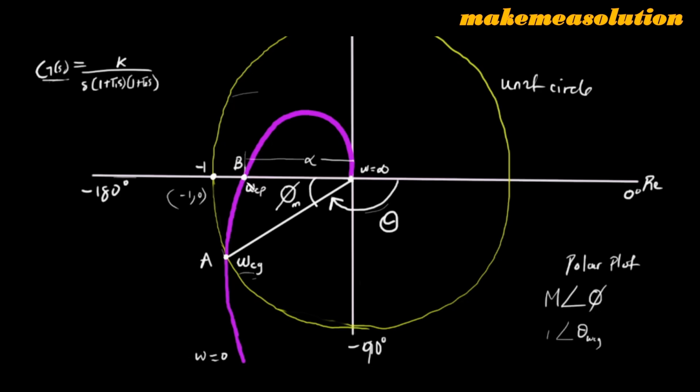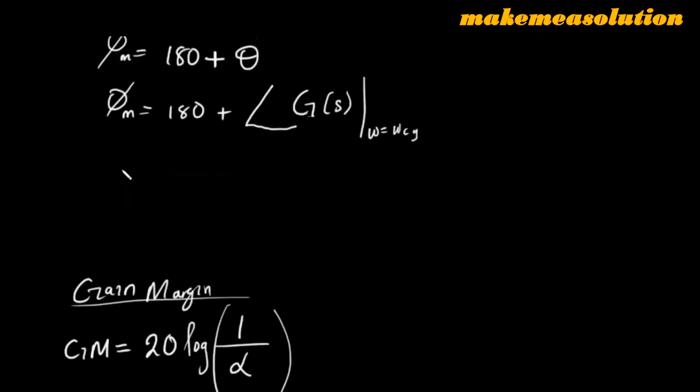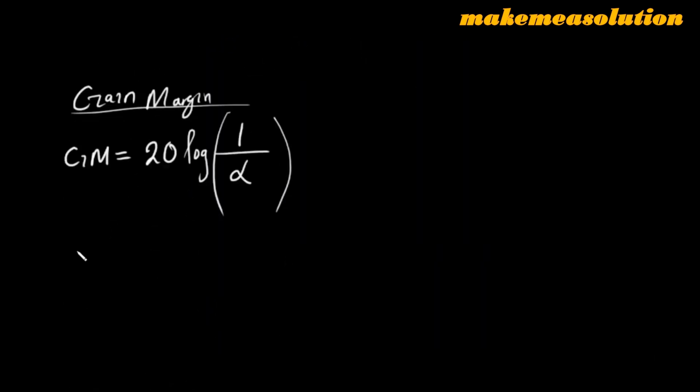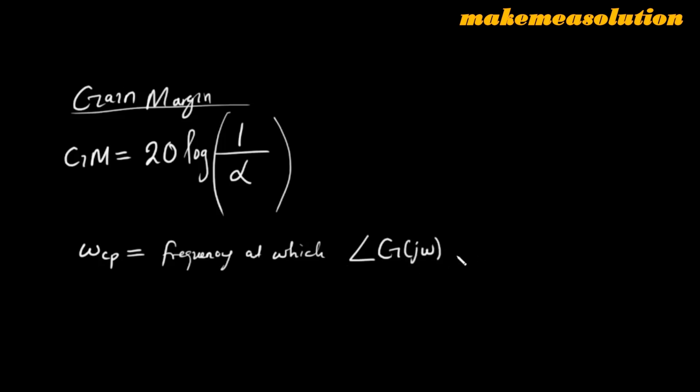The phase crossover frequency, WCP, is the frequency at which the phase of G of j omega, or G of s, is equal to minus 180 degrees. That's the phase crossover frequency.